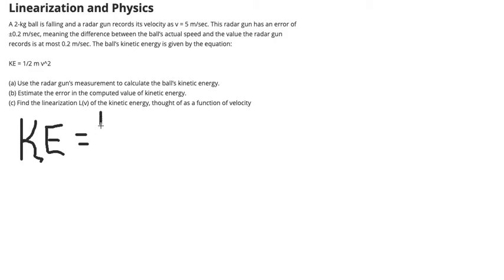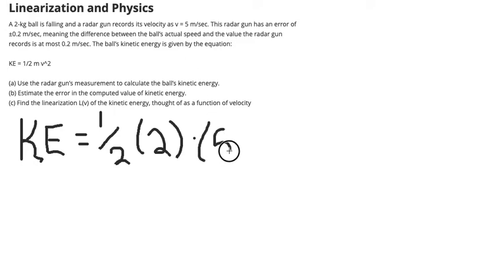So 1/2 of the mass is going to be equal to 1/2 times 2, because they tell us the mass of the ball is 2. So you want to put that in there in the parentheses. And then multiply that times the velocity, which is 5. And we're going to go ahead and just square that.